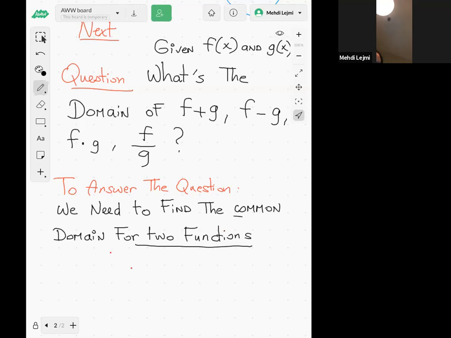Okay, so what's this common domain? The common domain for 2 functions is just the intersection. It's the intersection domain of the 2 functions.